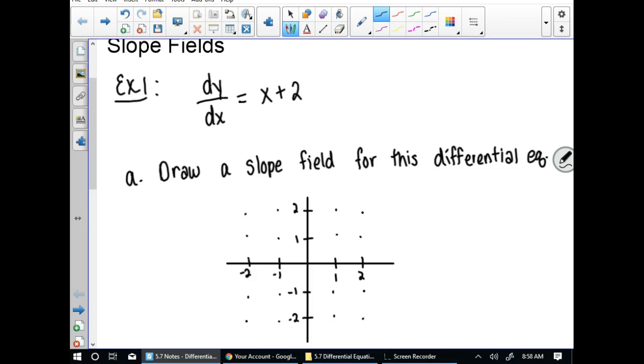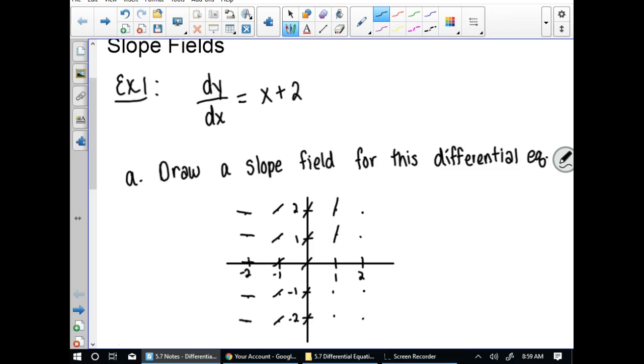We've got x plus 2, so all our vertical bands are going to be the same. So at negative 2, what's our slope going to be? 0. Then at negative 1, we'll have a slope of 1. So all of these will have a slope of 1. At 0, we'll have a slope of 2. And then as you go across, everything just gets a little bit steeper.